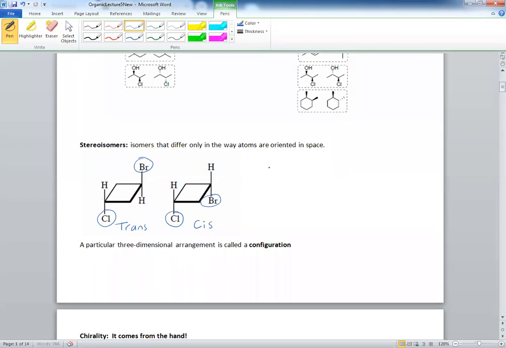So what do they have? They have the same molecular formula, same connectivity.